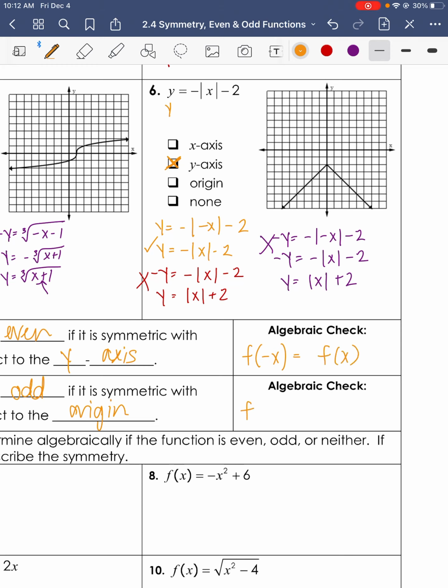And if it is odd, when you replace x with negative x, you'll get the negative version of the function. Okay, so the test is the same. We replace x with negative x, but if it's even, you'll get the same function as in the beginning, and if it's odd, you'll get the negative version of that. Okay, so let's look at some examples here.